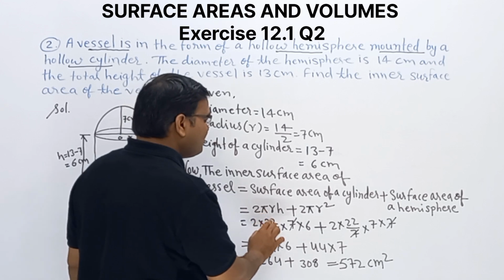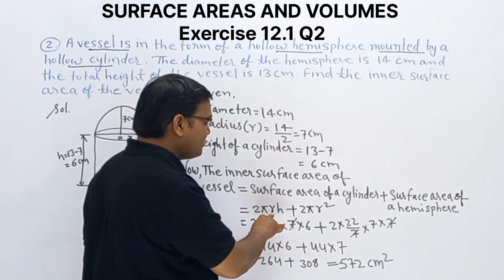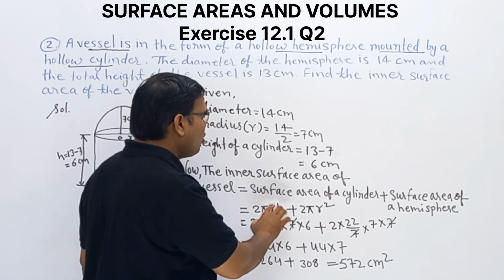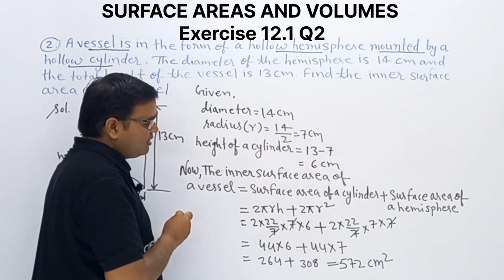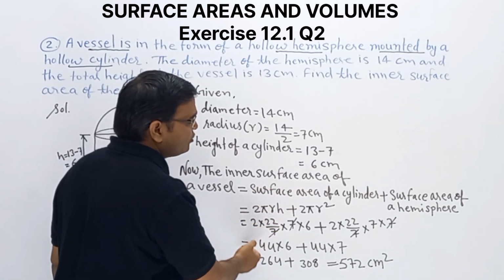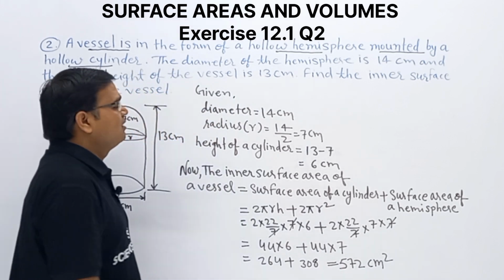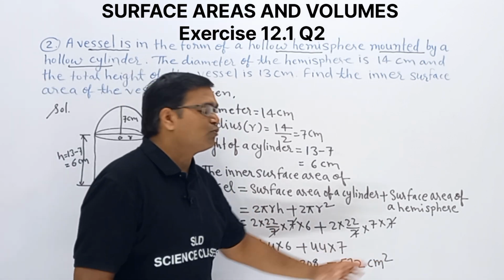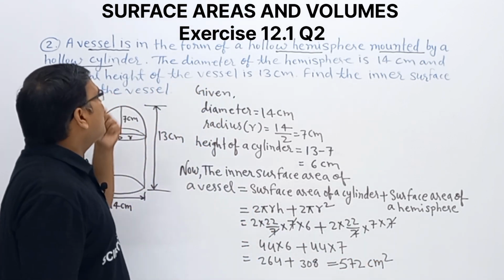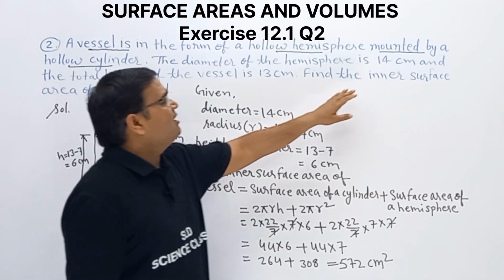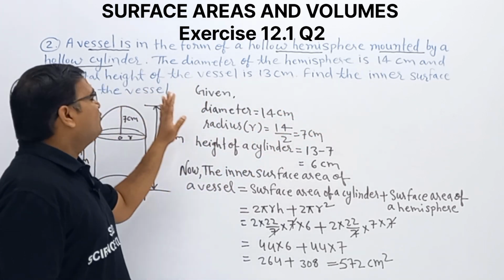Now pi is 22 by 7, r is the radius, and h is the height. We have everything in the question, so we put the values and solve. Then we get 572 centimeter square, so the unit will be centimeter square. This will be the required answer, the inner surface area of the vessel.